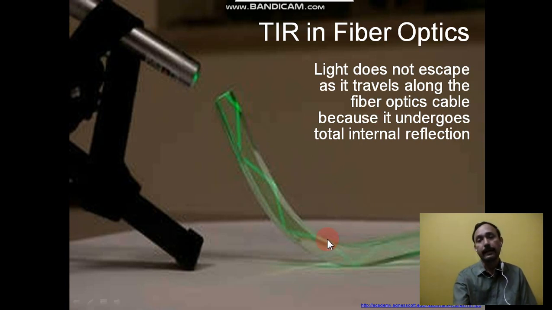This is how light is not coming out of the surface. It is not escaping from the glass cable. So it is suffering total internal reflection inside the cable. So no light is coming out from this one, so loss of energy is very less.